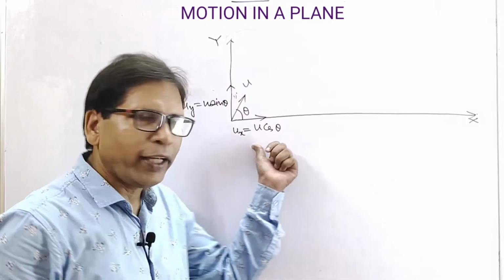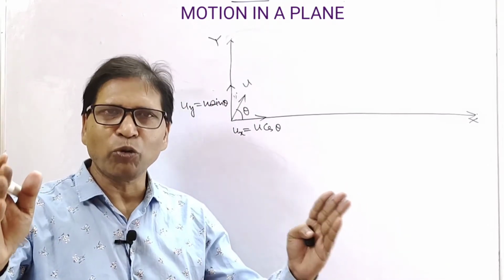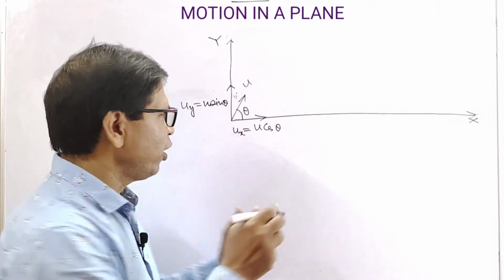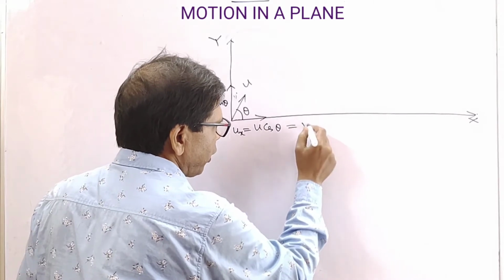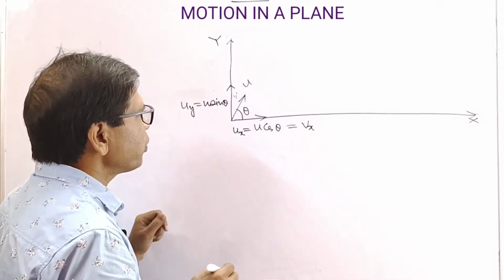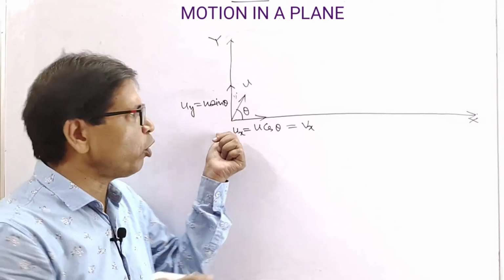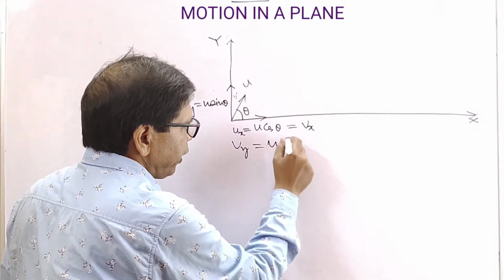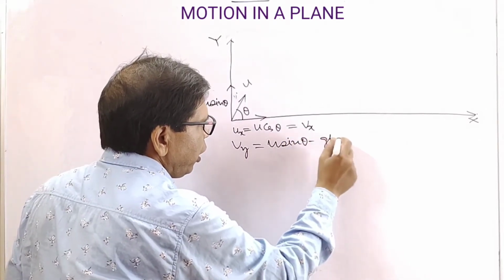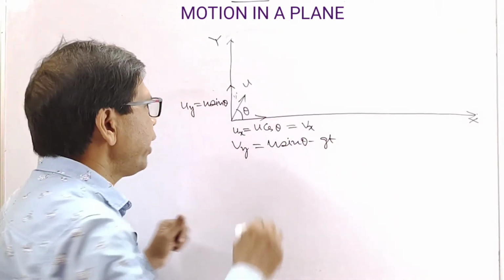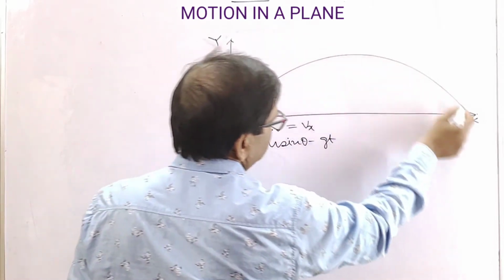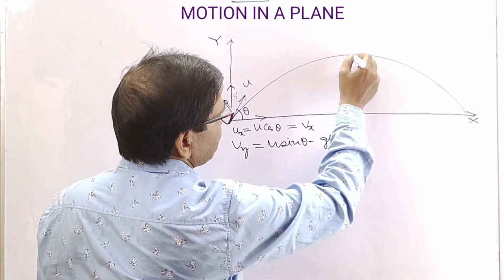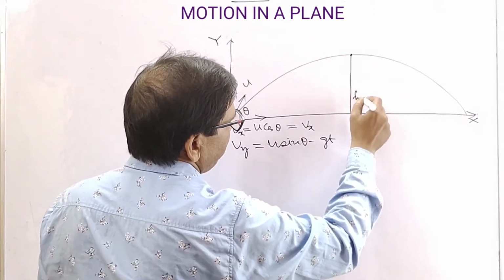Now the horizontal velocity remains constant throughout the journey as there is no acceleration in this direction. So ux equals u cos theta equals vx. And the vertical component of velocity vy changes with time, that is u sin theta minus g t. Due to these two velocities, the trajectory of the particle is like this. Now this point is the maximum height, which is hm.